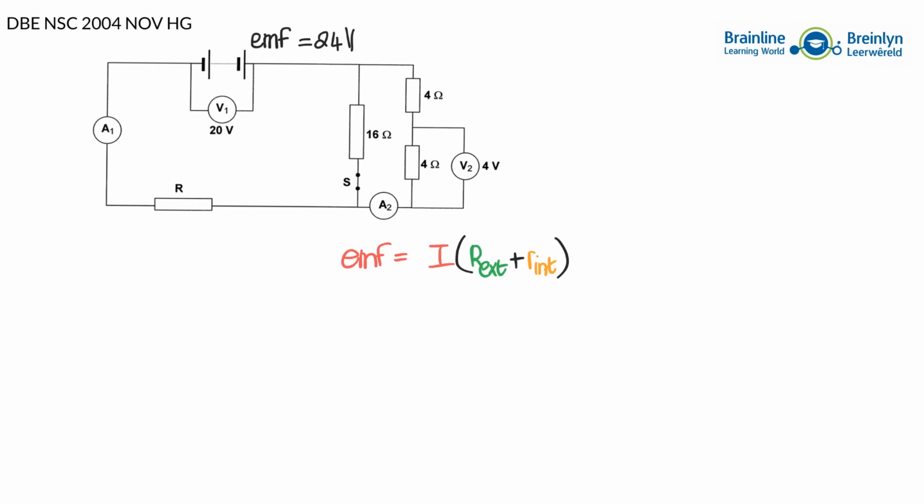I'm going to multiply that out for myself, and I'm therefore going to end up saying that the total current multiplied by the total resistance, because that would have been the EMF, equals the total current multiplied by the external resistance, and added to that the total current multiplied by the internal resistance.